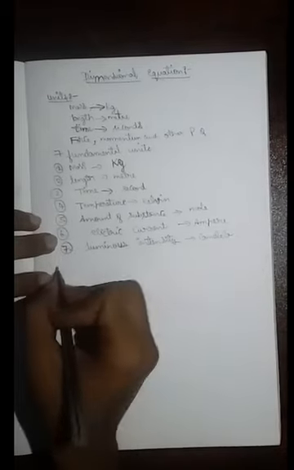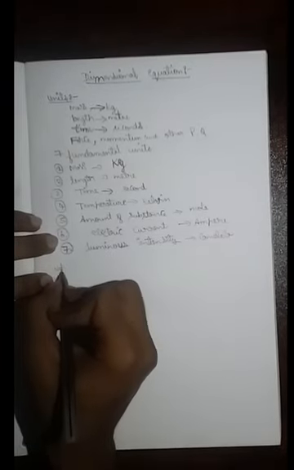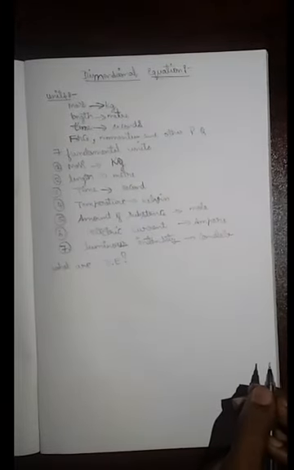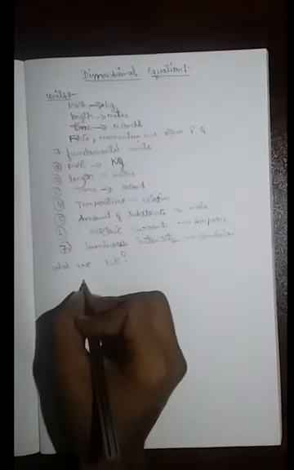So what are dimensional equations? Basically, dimensional equations are the way in which we can understand how a physical quantity is dependent on its basic fundamental units, like force.